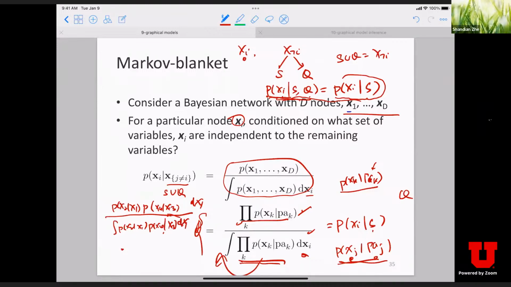You know that P of x4 given x3, this conditional probability doesn't contain x1 at all, so it's going to be canceled out. That means x3 and x4 will be inside this cube. And the remaining conditional probabilities, which you cannot cancel out, must contain xi. Here, it will be x1, because you're integrating out x1, so you have to couple x2. They cannot be canceled out.